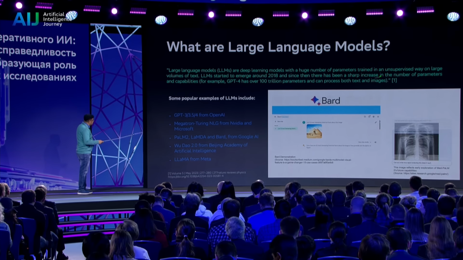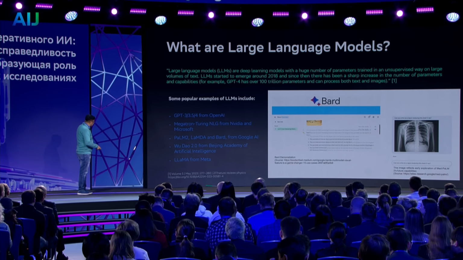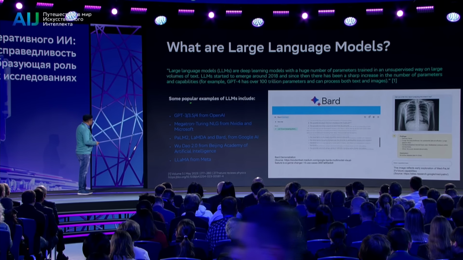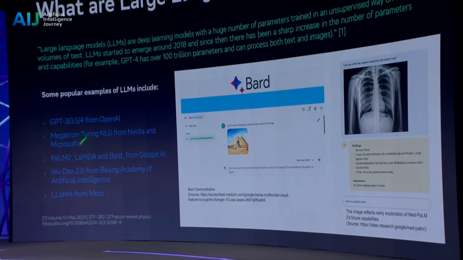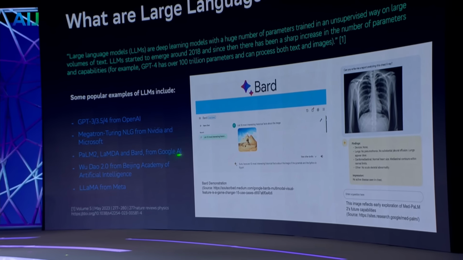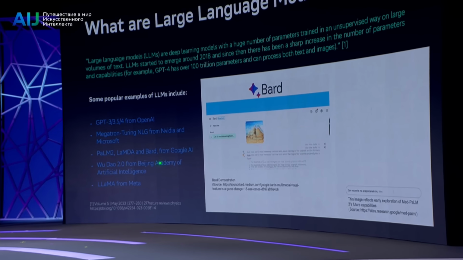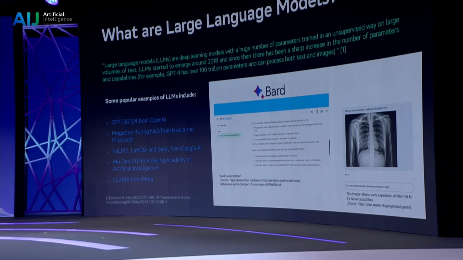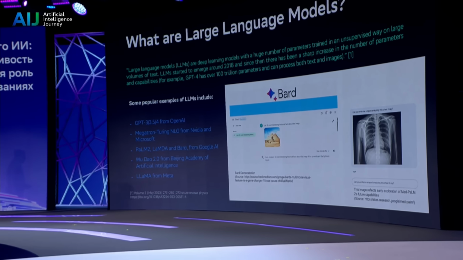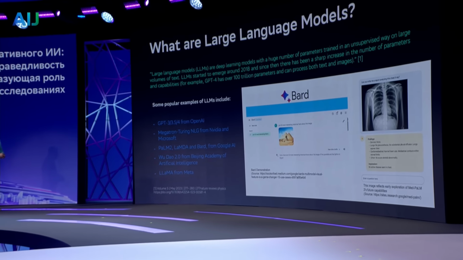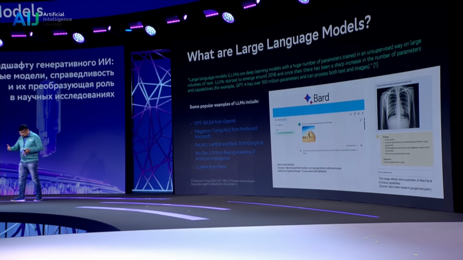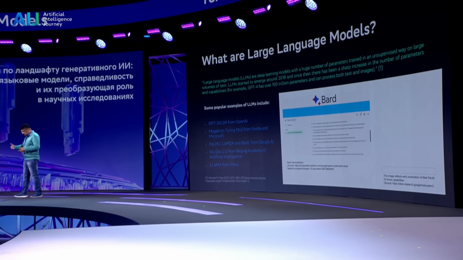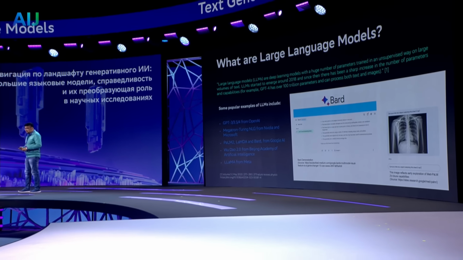So if you look at this, you can customize. This is one of the definitions from Nature Reviews Physics. Some popular examples of large language models these days include, of course, GPT, PaLM 2, LaMDA, Bard from Google AI, DALL-E 2.0, Llama from Meta, and so on. These are general-purpose language models which most countries are trying to fine-tune for their specific needs, for their own regional setup, and so on.